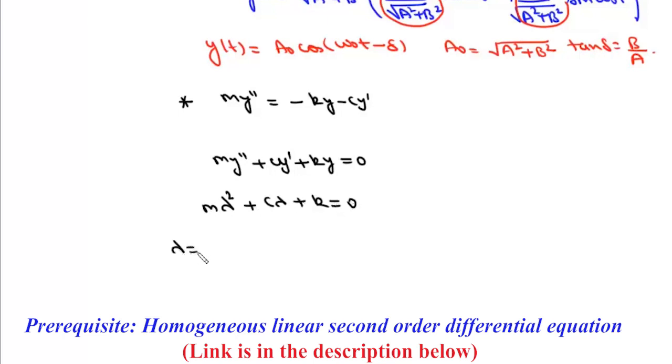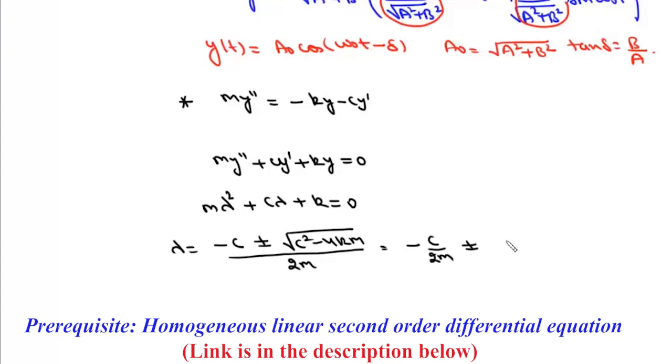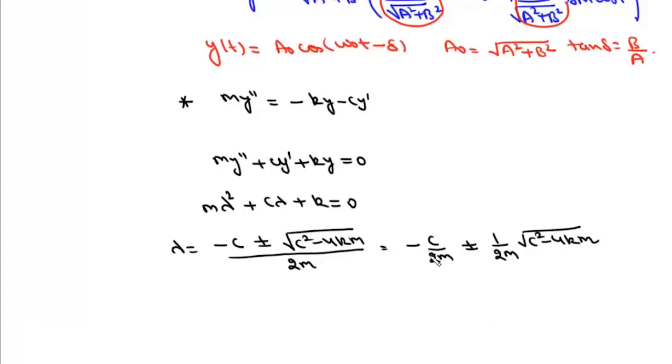So from here we can write this lambda is minus c plus minus under root of c square minus 4km upon 2m, which is minus c upon 2m plus minus 1 upon 2m under root of c square minus 4km. Now here we'll use a short notation.